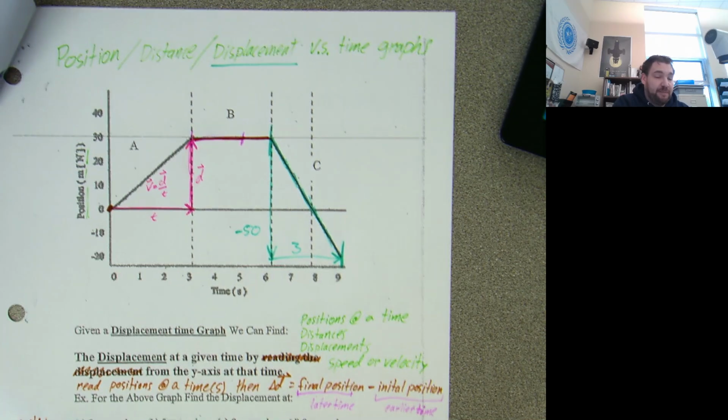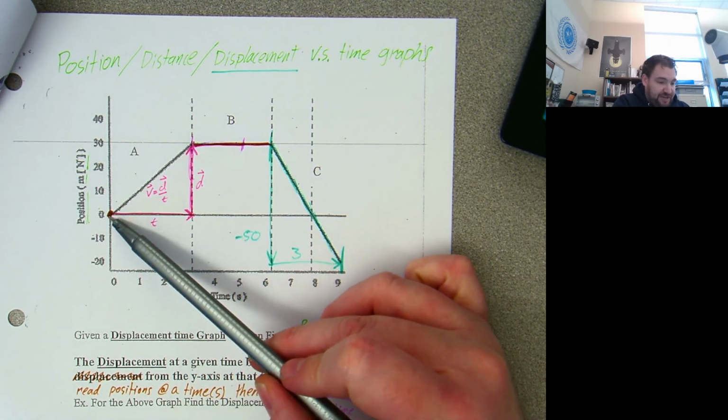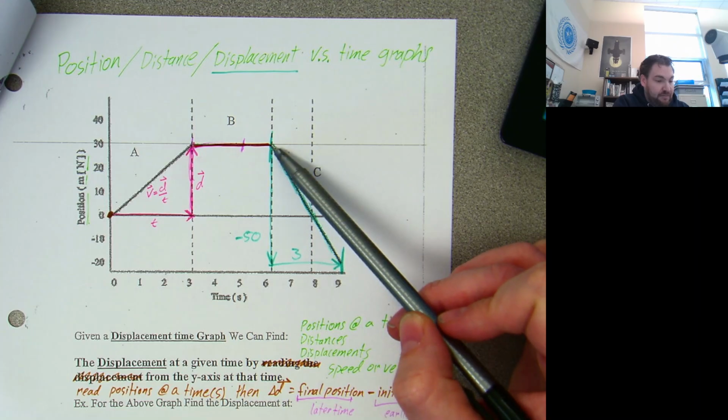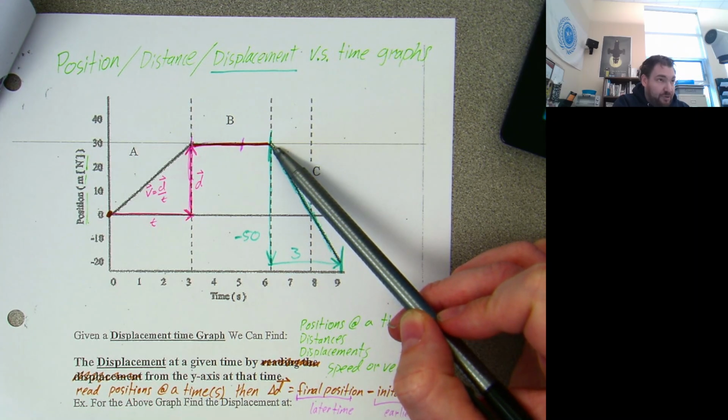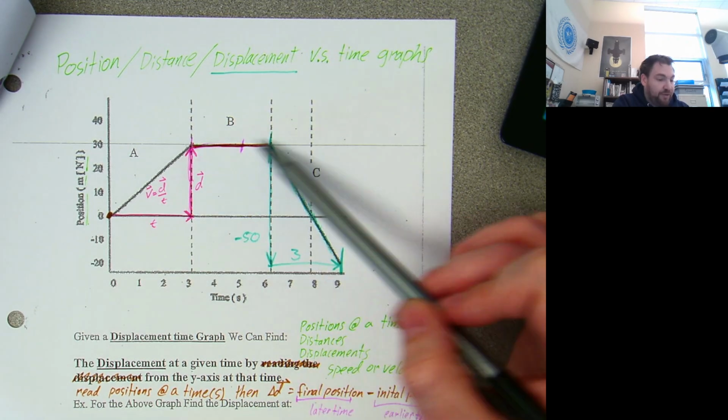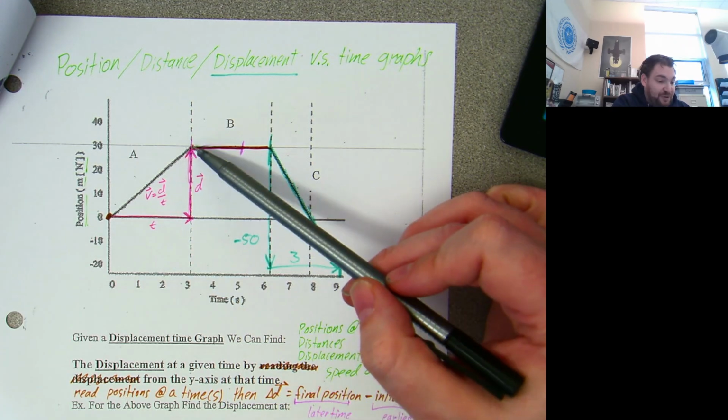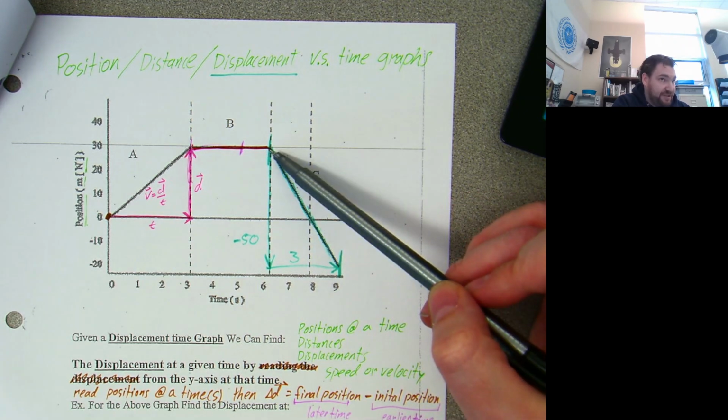What is the displacement from 0 seconds to 6 seconds? Almost. 30 meters north. There you go, 30 meters north. That happened in the first 3 seconds, and then it stayed there for the next 3 seconds.